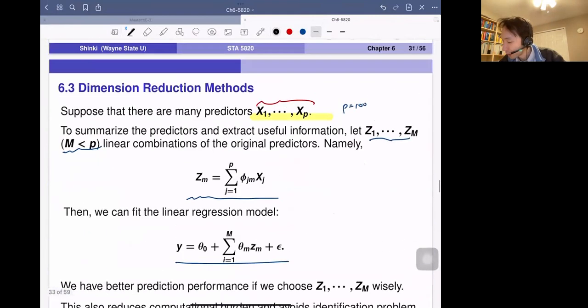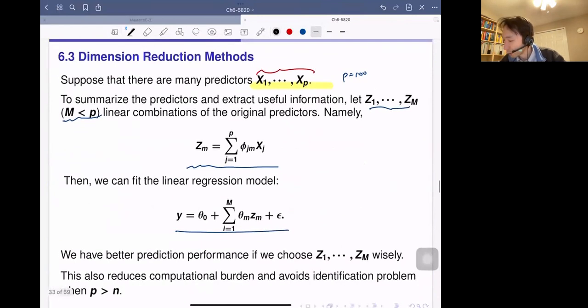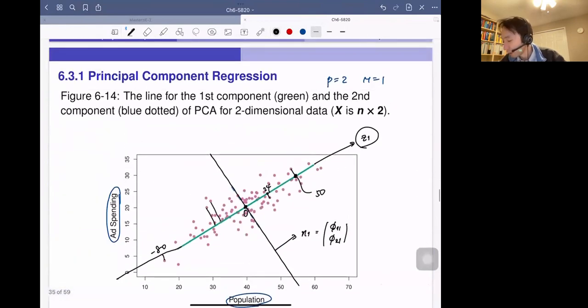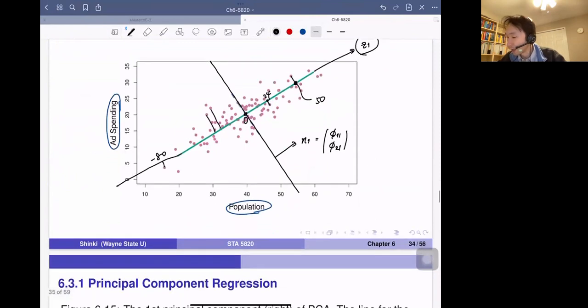Just notation: Zm is phi jm, where j is equal to 1 to p. So the coordinates are phi11 and phi21. And Z1 is defined by phi11 times x1 plus phi21 times x2. This is the way to choose the first principal component Z1.